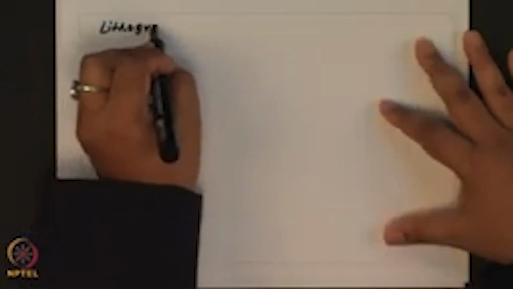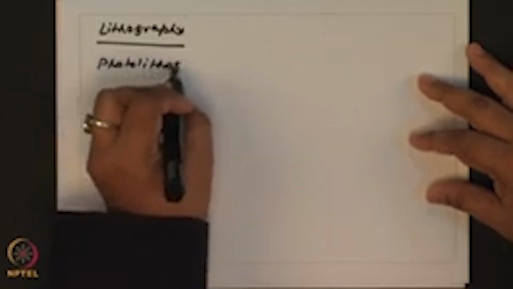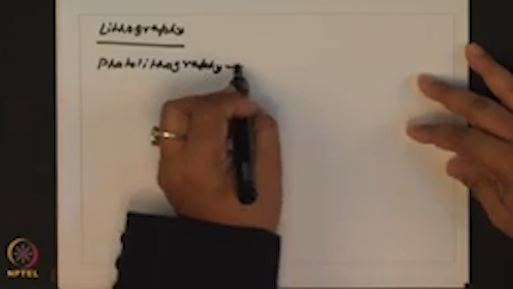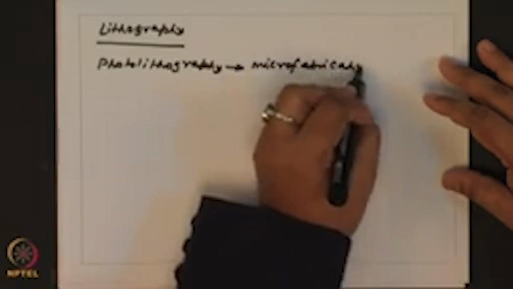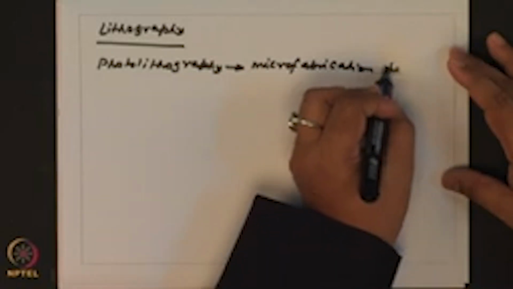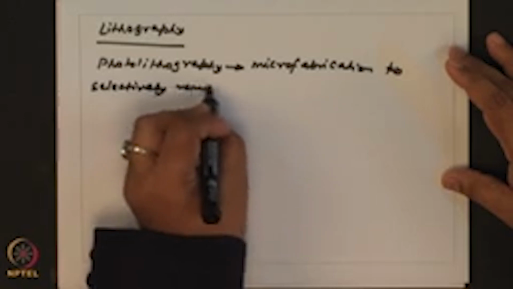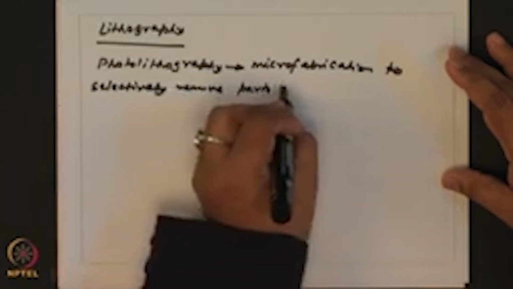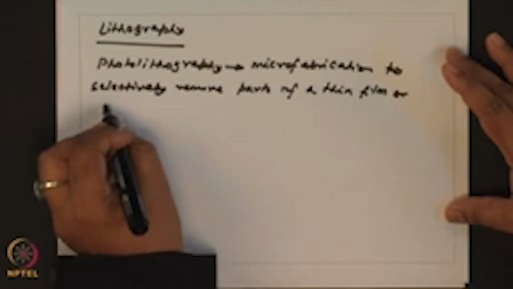In that regard, I want to talk about this technique of lithography. So, photolithography is a process used in microfabrication to selectively remove parts of a thin film or the bulk of a substrate.